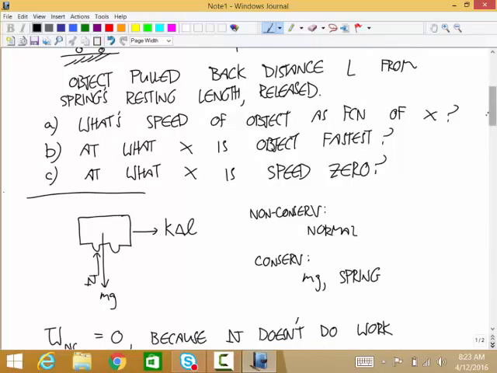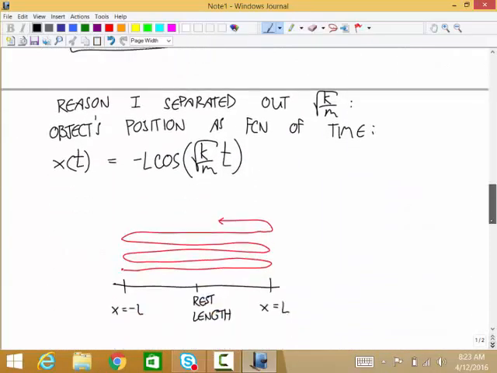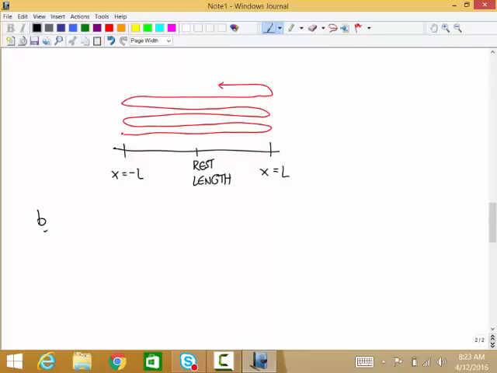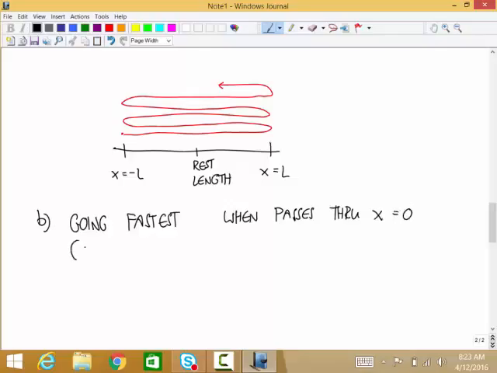At what x is the object going the fastest? When it passes through x equals 0, and that means that the spring is at its resting length.